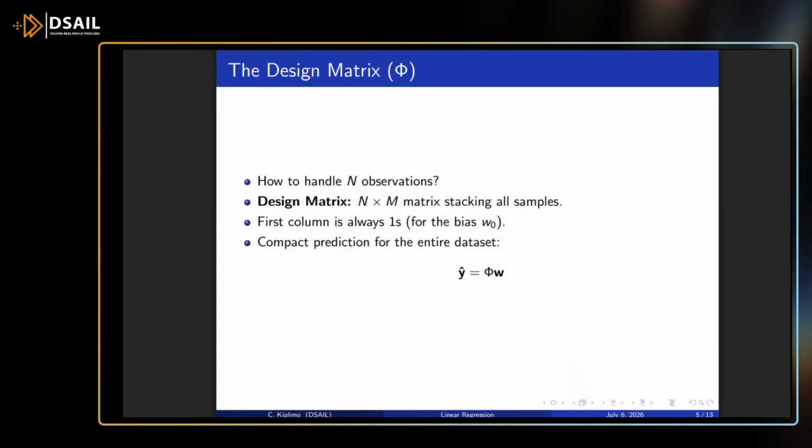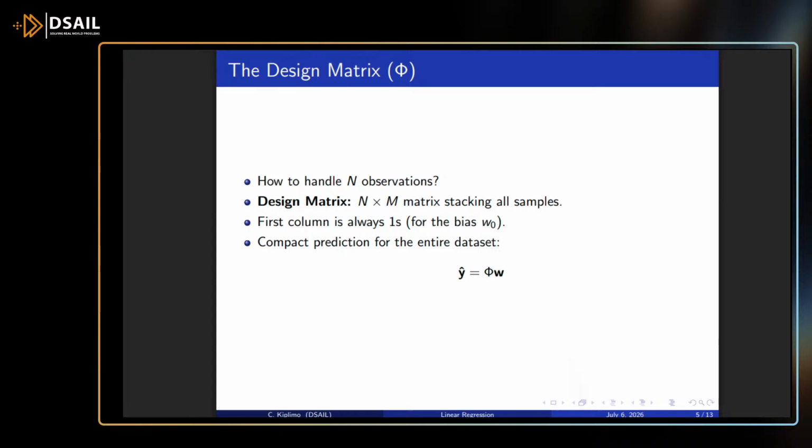Essentially, what you're doing is taking your data matrix and passing it through the basis functions. Your basis function might be the polynomial, but it might also be the linear basis function, where phi j of x is the same as xj. It's completely linear.